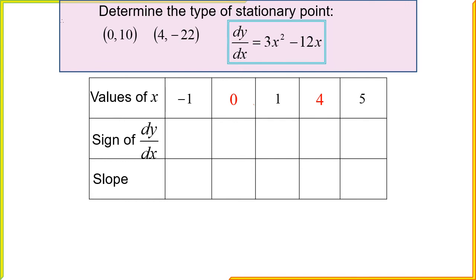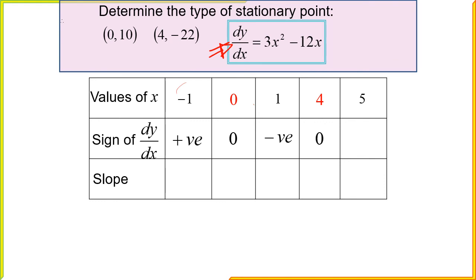Now we just have to check the dy/dx at each value of x. Substituting negative 1 into dy/dx, we have 3 times 1 minus negative 12, so plus 12, which is positive. At 0 it is 0. At 1 it is negative. At 4 it is 0.